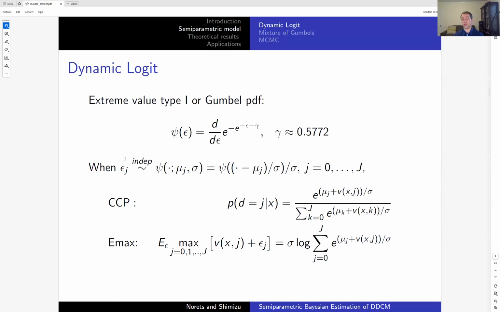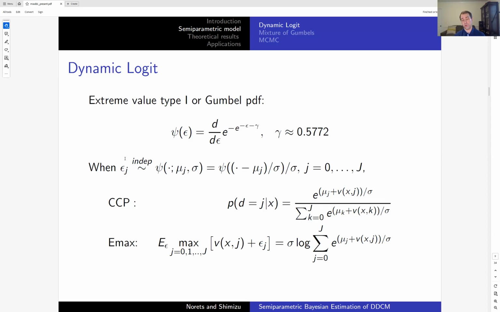So the conditional choice probabilities, basically the probability that the value of x, V_xd plus epsilon, is greater than the same values for other alternatives or choices, is going to have this nice multinomial logit-like form. It's going to be the exponent of the location mu_j plus the value, divided by sigma, and then normalized by the sum of these things for all other alternatives. So that's exactly how we would get multinomial logit, right?